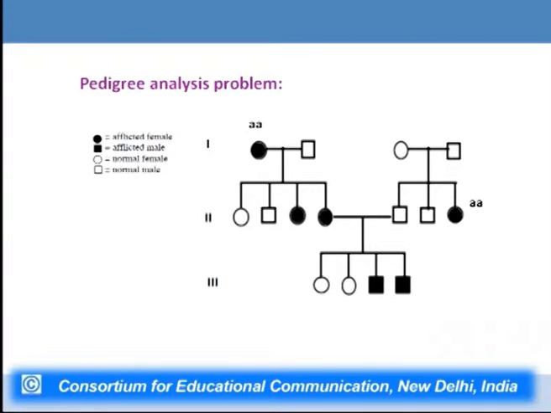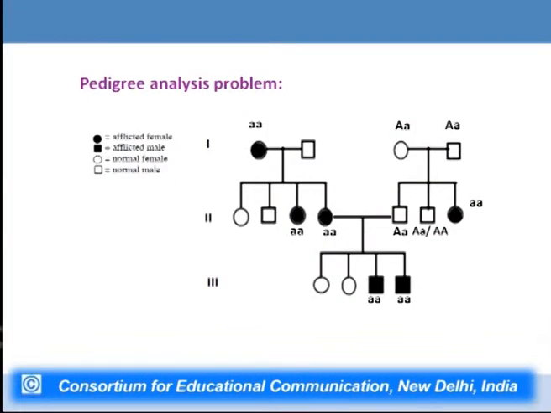So, both will be capital A and small a, whereas all the other individuals who are affected are small a small a. The parents of affected individuals are capital A, small a. The siblings of this individual, since they do not show the trait and the parents are heterozygous, must also be either heterozygous or homozygous for the dominant allele.